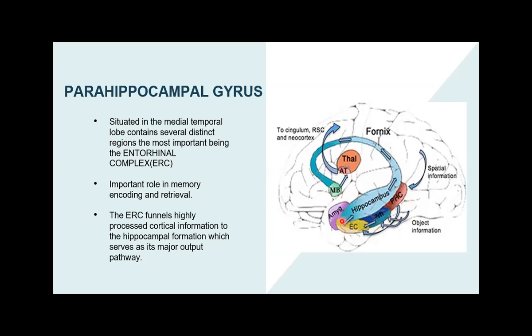So this parahippocampal gyrus has an important role in memory encoding and retrieval. From the entorhinal complex, the information goes to the hippocampus, from the hippocampus it goes to the fornix, and from the fornix to the mammillary bodies.